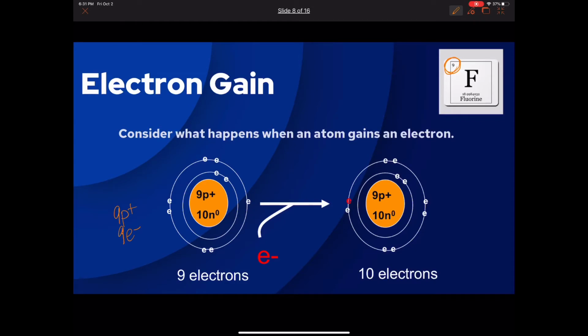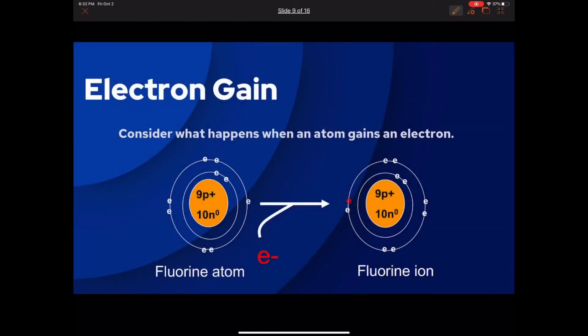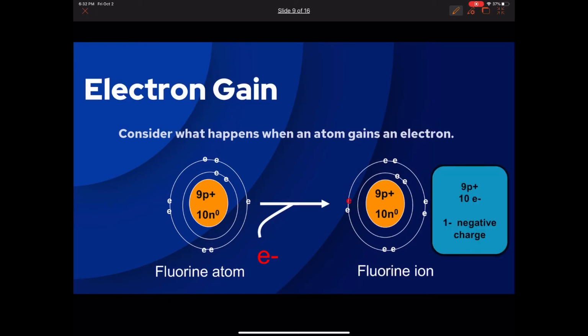If this fluorine atom were to gain an electron, shown here, it would have 10 electrons total, but still have 9 protons. This again creates an imbalance of charge. So instead of having a resulting fluorine atom, we have a fluorine ion. The positive 9 and the negative 10 result in a negative 1 charge.